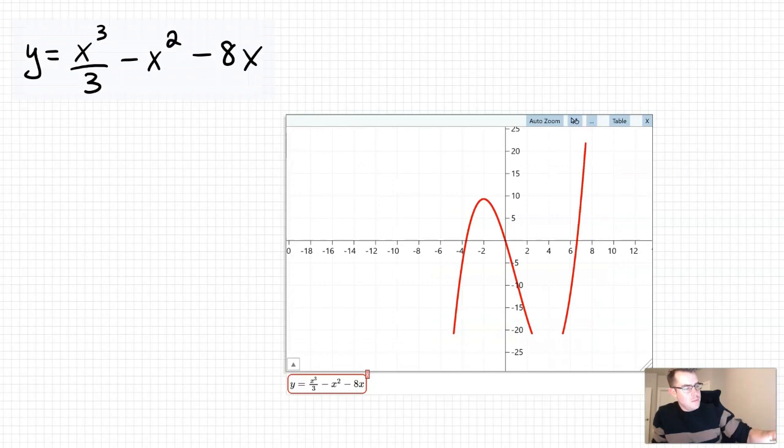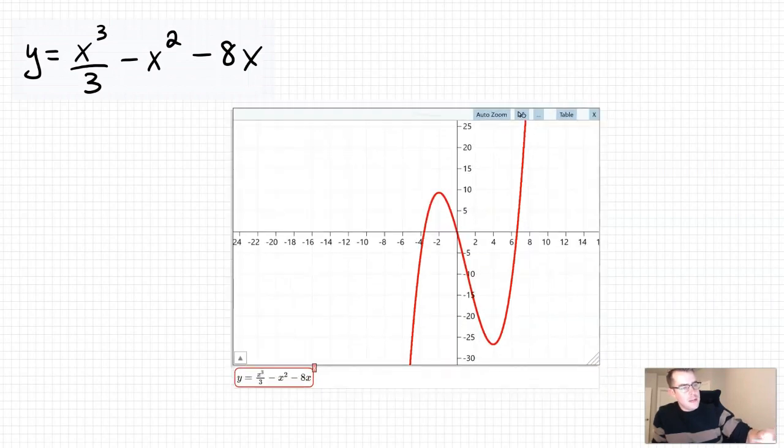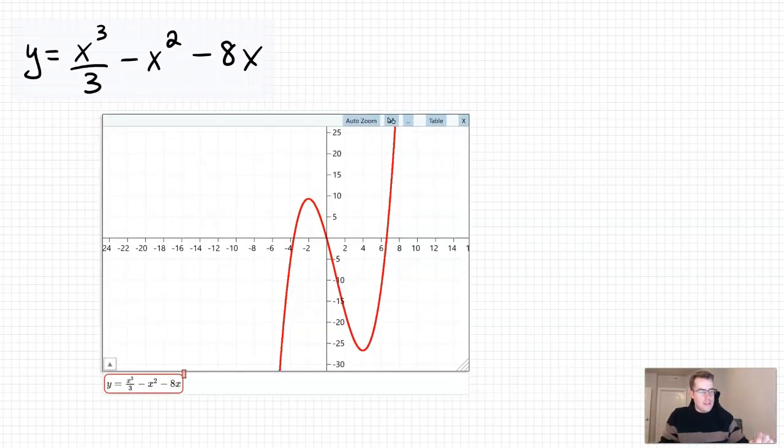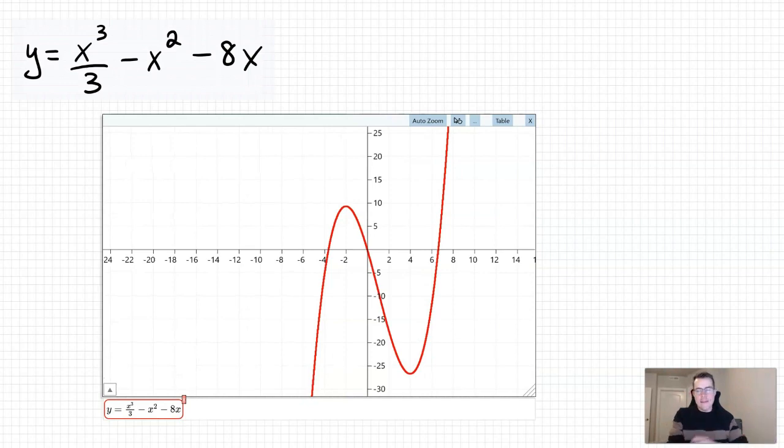Okay, that looks pretty good. So we set x at 1 and then that point negative 26 over 3, which is negative 8.6 roughly. So there's my point of inflection.